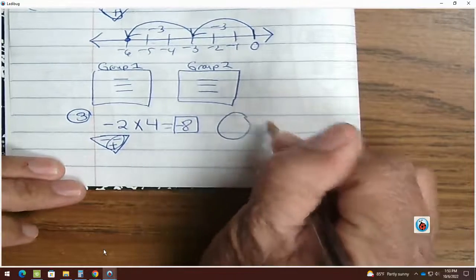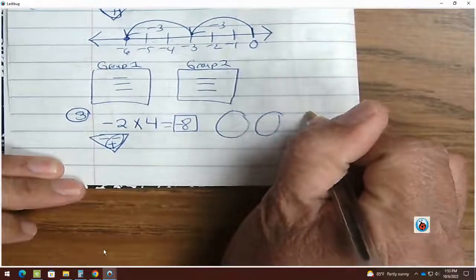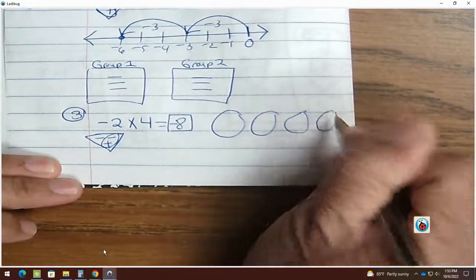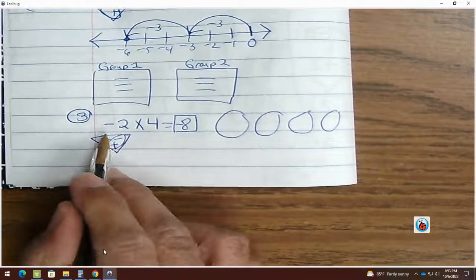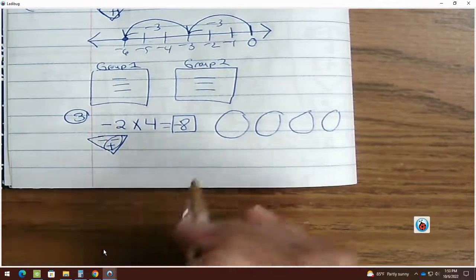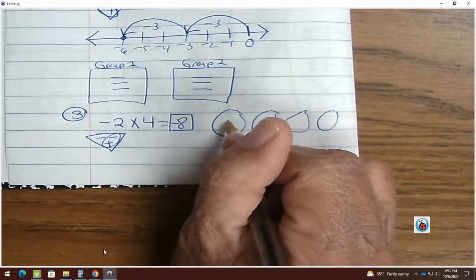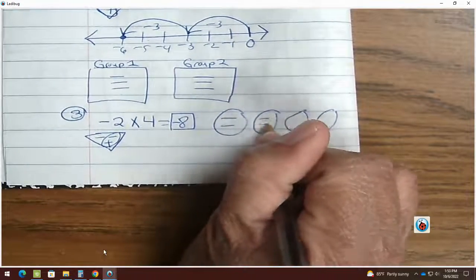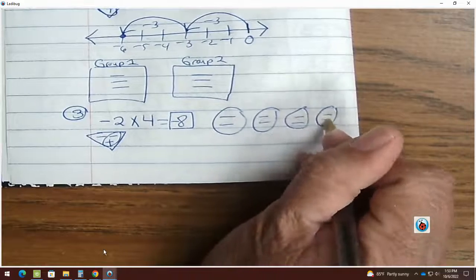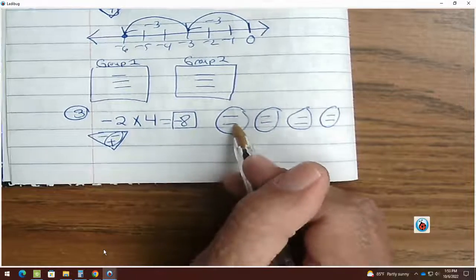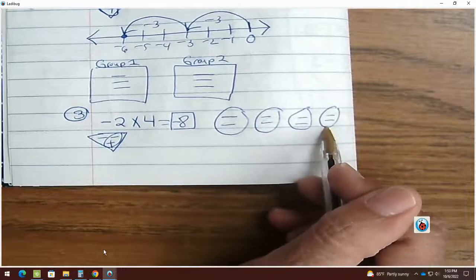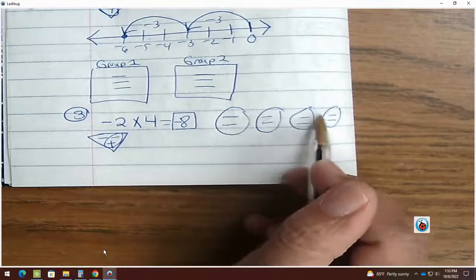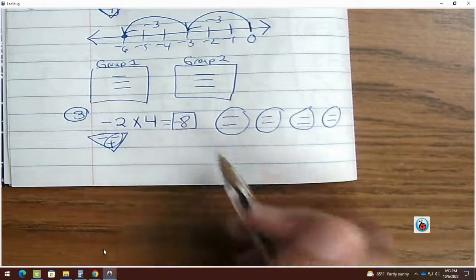Group 1, group 2, group 3, group 4. 4 grupos de negativo 2. So ¿cuántos en cada grupo? 2. 1, 2, 1, 2, 1, 2, 1, 2. How many total? 8. 2, 4, 6, 8. It matches and they're all negatives. That's why it's negative. Questions?